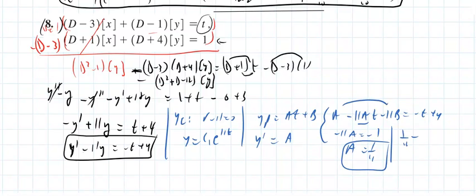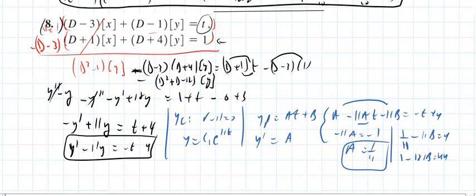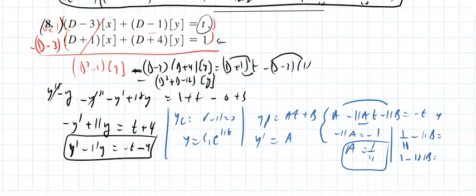a minus 11b equals 4. 1 over 11 minus 121b equals 44. Luckily, I worked this out just to make sure, because it's always hard. That's a minus. It's always hard to come back and fix those.